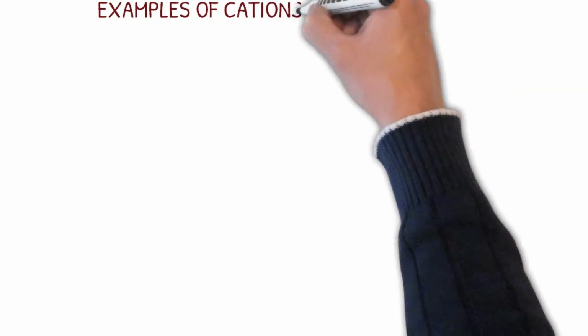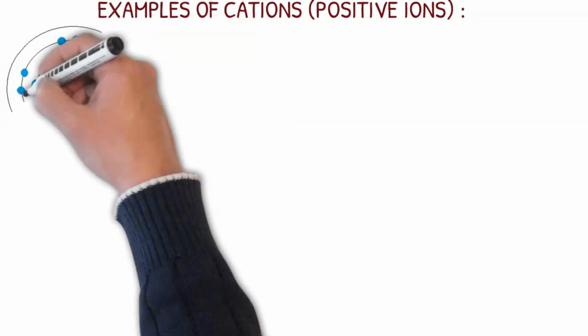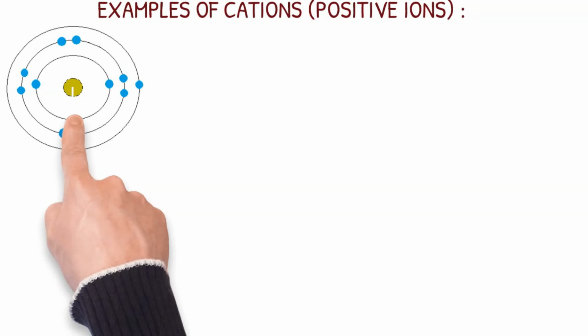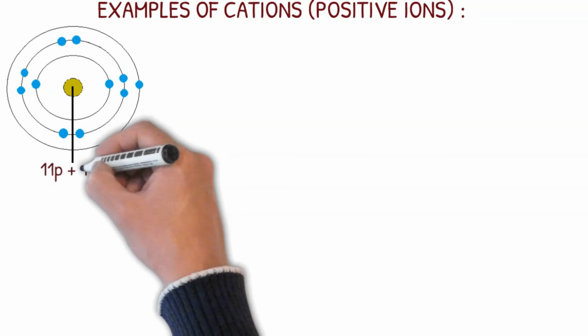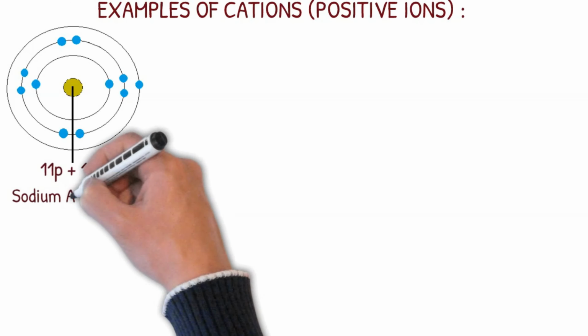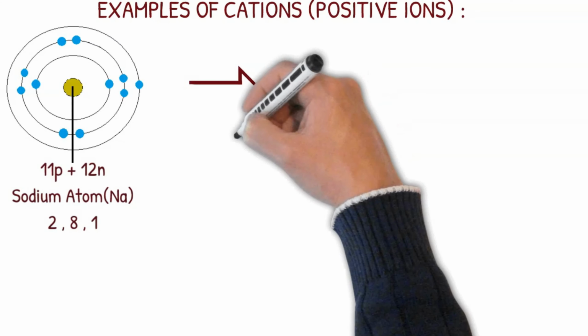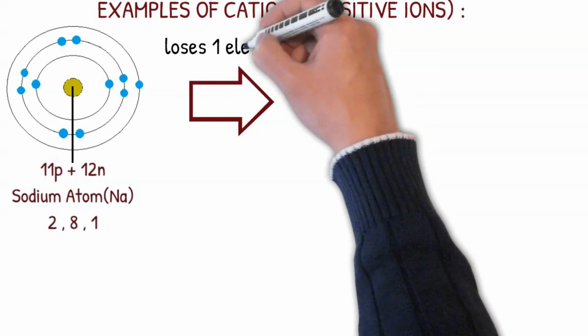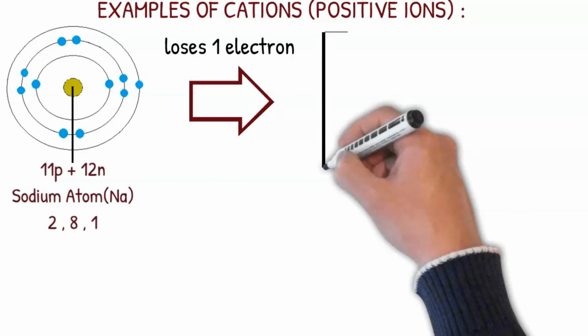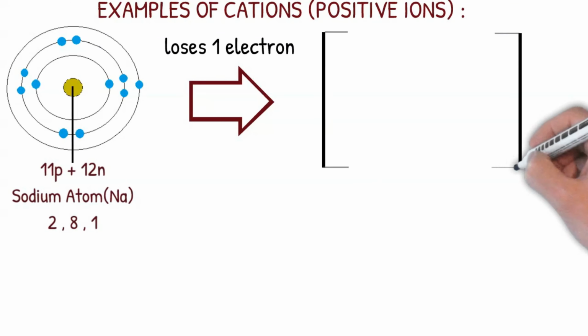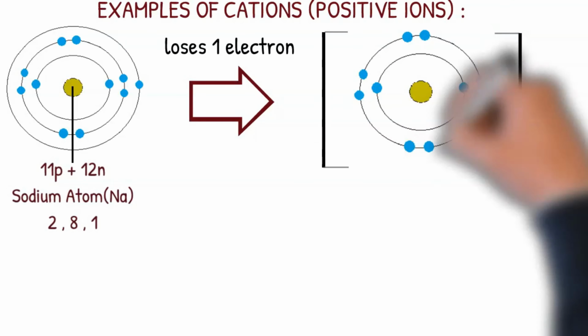Examples of cations: positive ions. The nucleus of the sodium atom contains 11 protons and 12 neutrons. Its electronic configuration is 2, 8, 1. Sodium loses 1 electron. It becomes a sodium ion.